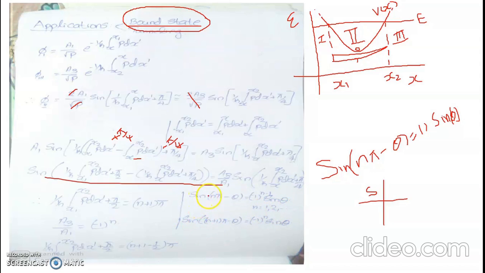So instead of using the reduction formula for pi minus theta as such, I'll be making use of the reduction formula for pi minus theta with the coefficient being n plus 1. Sin n plus 1 pi minus theta is minus 1 raised to n sin theta. When n is 0, this is sin pi minus theta equal to minus 1 raised to 0, which is 1 sin theta. So this is also true.